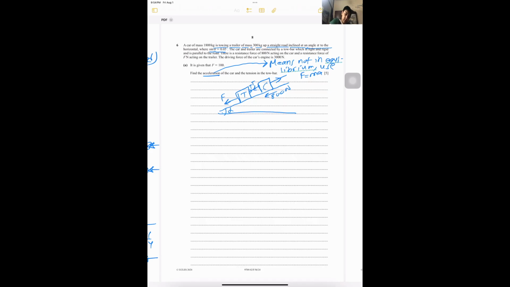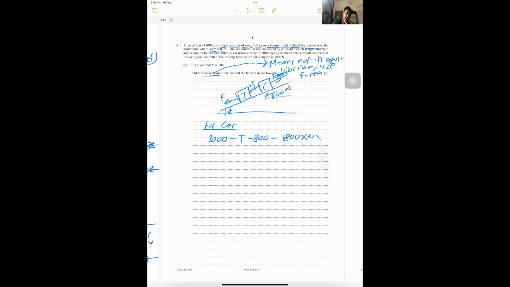Driving force is 3000 newton. For the car: 3000 minus tension minus 800 minus 1800 into 10 into 0.05.